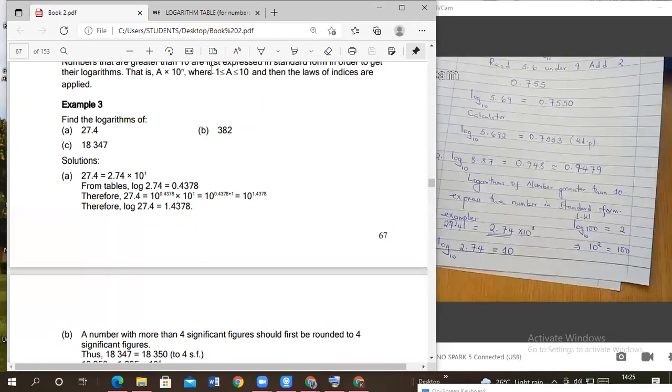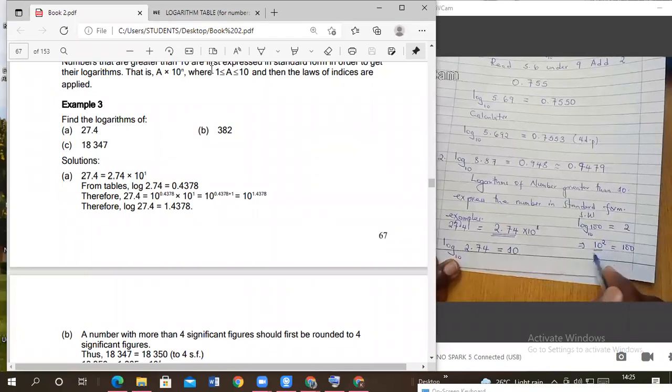Do you remember that? Yes. Because logarithm, when it's to the base 10, is giving us the number to the power of 10. So the answer you are going to write here is going to give us the power, so the power must be to the power of 10. Have you seen that? Yes.